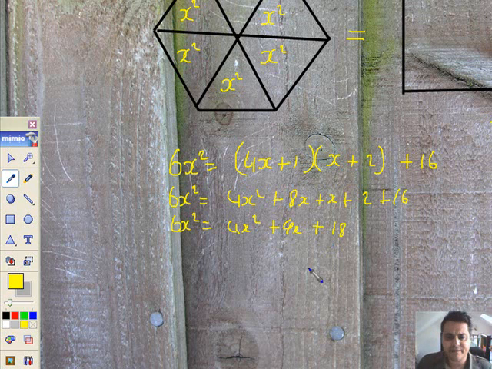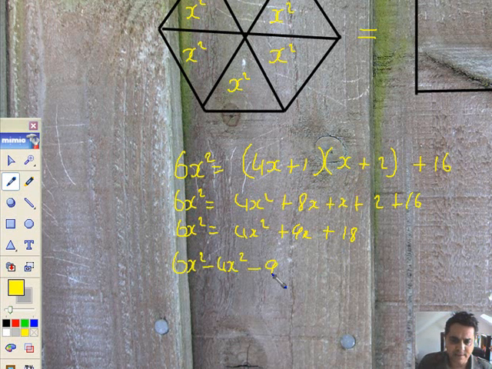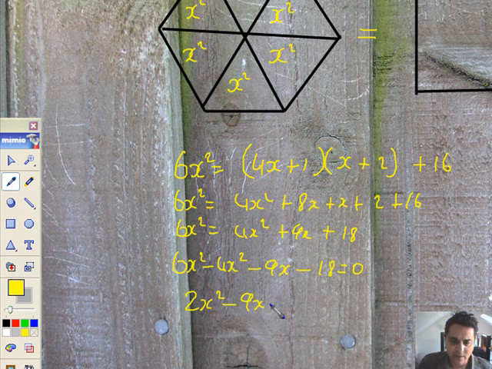Bring everything next door to the left. So 6x squared minus 4x squared minus 9x minus 18 all equals 0. Got myself a quadratic. 6 take away 4, 2x squared, take away 9x, take away 18 equals 0.